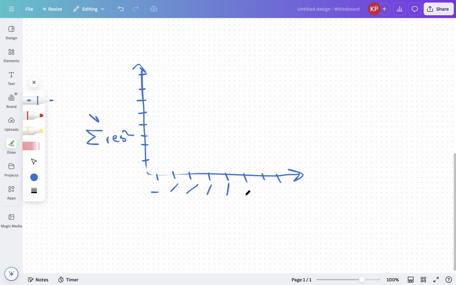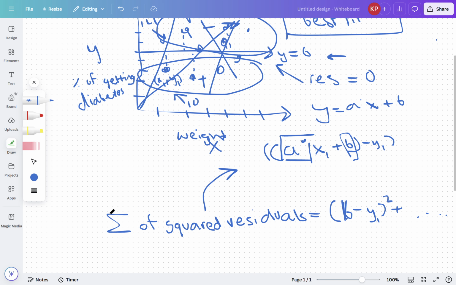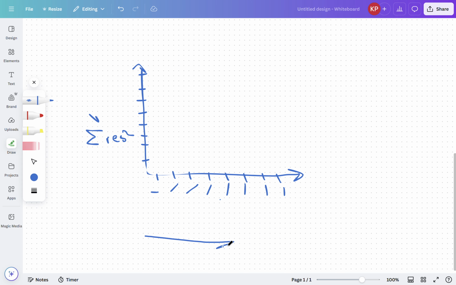So what do I mean by the orientation of the line? What I mean is basically how the line is looking right now. If the line is like this, the sum of squared residuals will be right here. If the line is like this, then the sum of squared residuals will be right here. The line is like this, and that creates a model.